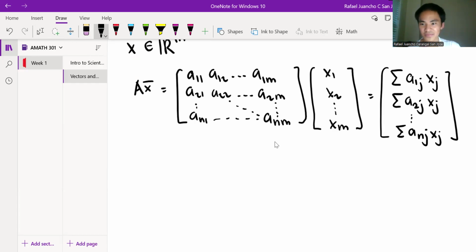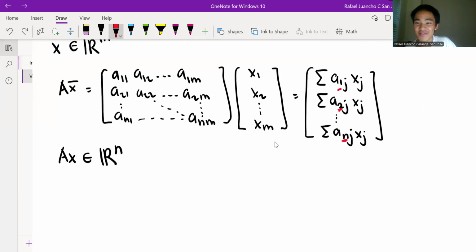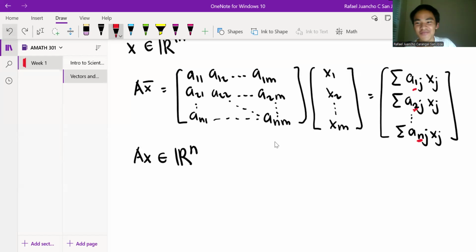What do we get? Actually, this Ax that we got, if we characterize this thing, it has n rows, right? 1 to n. You can see that here. So this is n by 1.